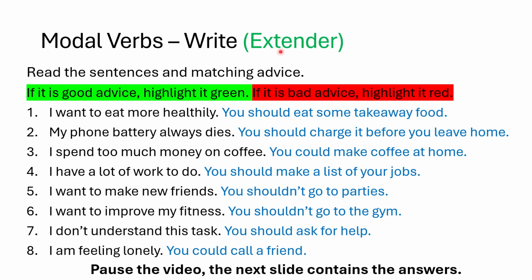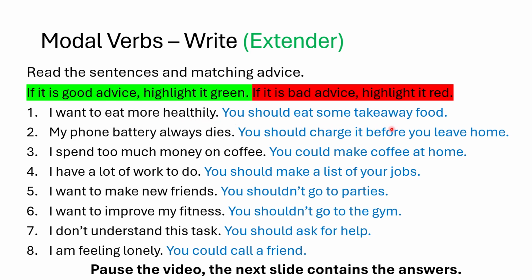Here is an extender for anybody who would like a challenge. Read the sentences and matching advice. If it is good advice, highlight it green. If it is bad advice, highlight it red. 1. I want to eat more healthily.